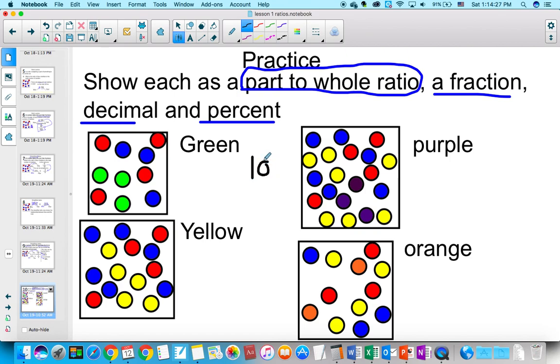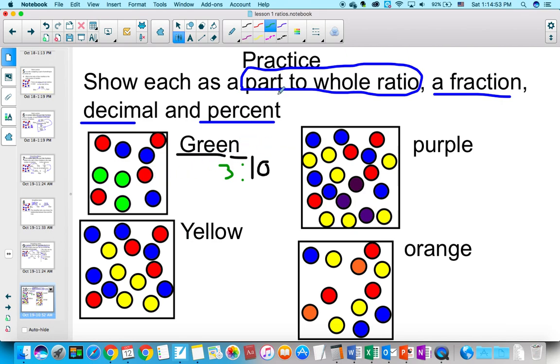And we're looking for the part to whole. So the part we're looking for is green. We have 1, 2, 3 greens. Sorry, why did I write 6? My apologies. We have 3 greens, right? So we have 3 green to the total of 10 marbles. And so this would be our ratio.